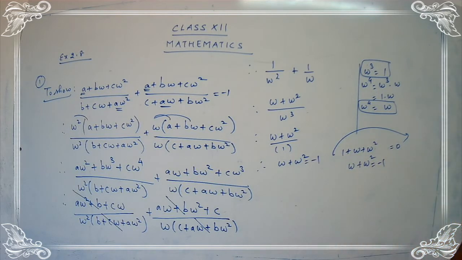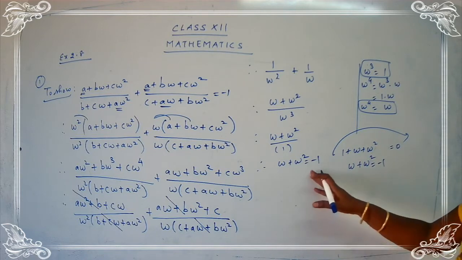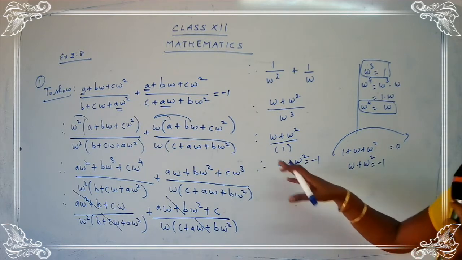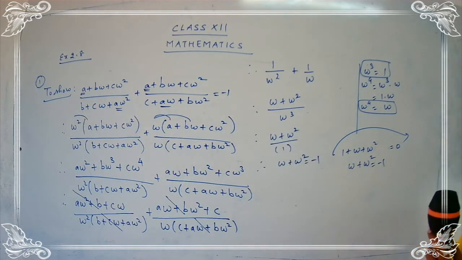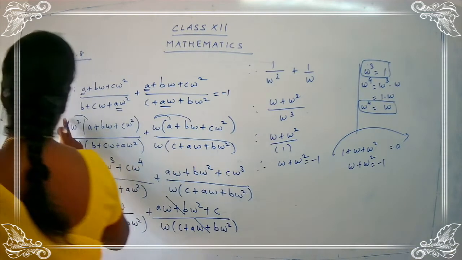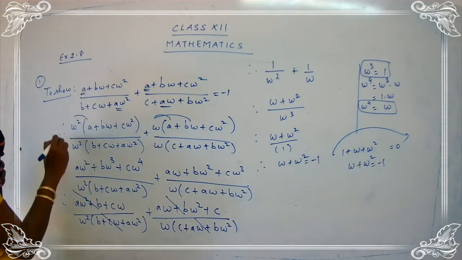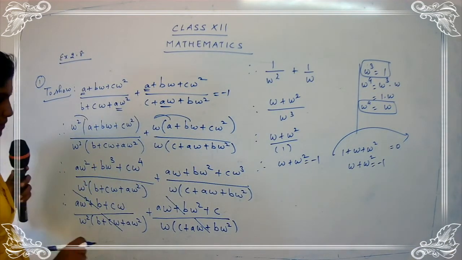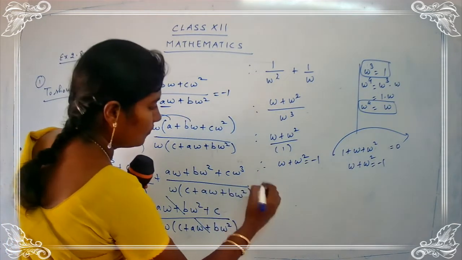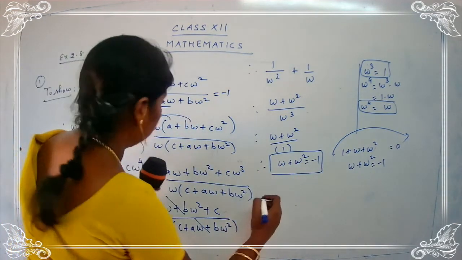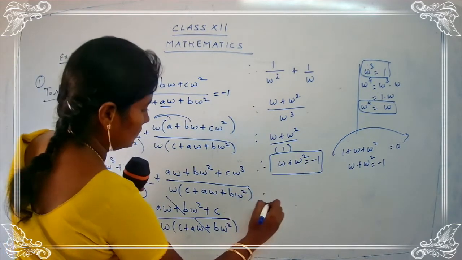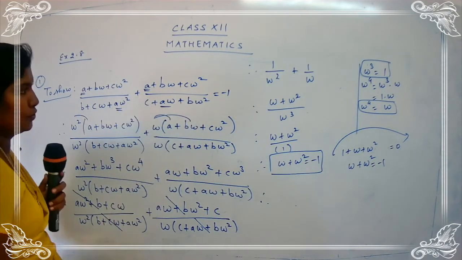Okay children, so we have taken the LHS part and I have just arrived at the RHS. That is, I have got the value as minus 1, which is equal to RHS. So I can just write, no problem here, therefore write out the question and say this is equal to minus 1.